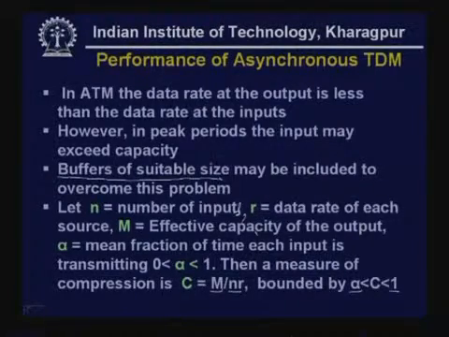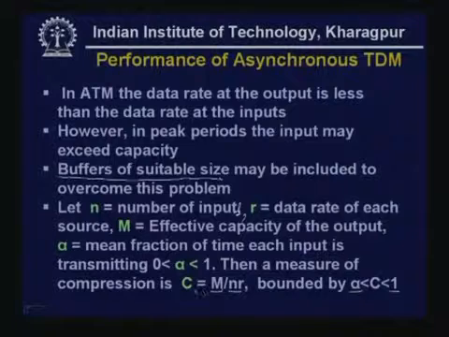So, we can see the compression that is possible. That means we can have lesser output bandwidth than the sum of the input bandwidths, and that ratio is C equal to m by nr. Based on experiments you can decide what the value of m will be for a particular application.